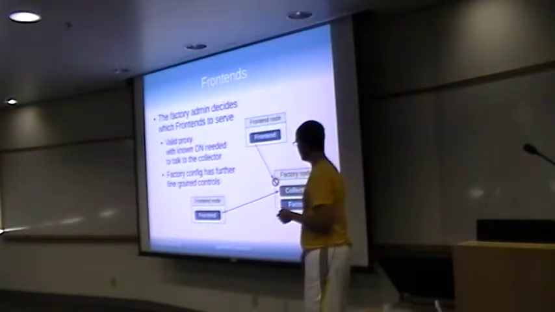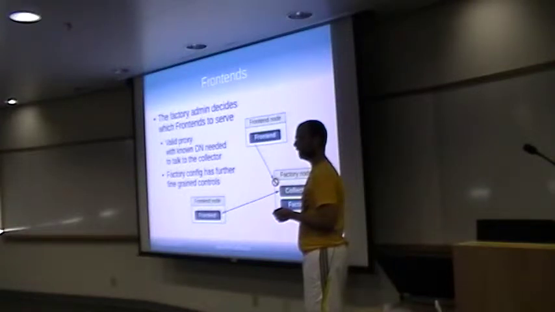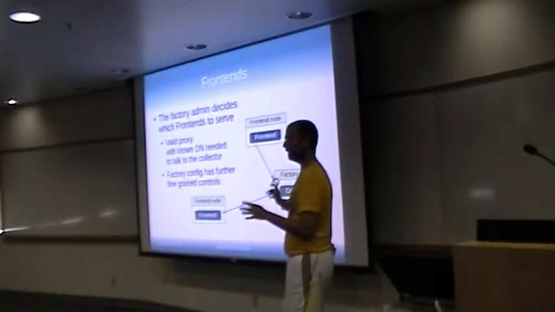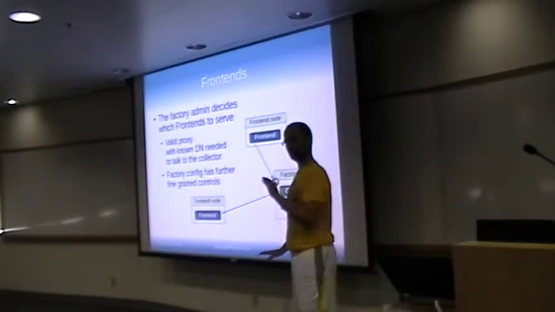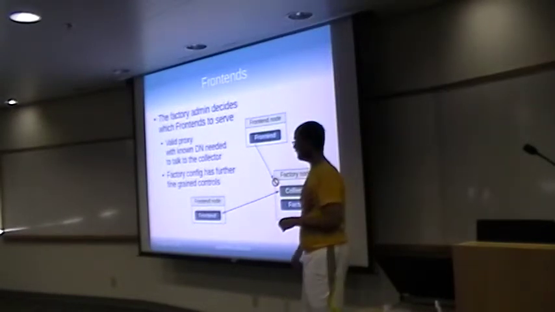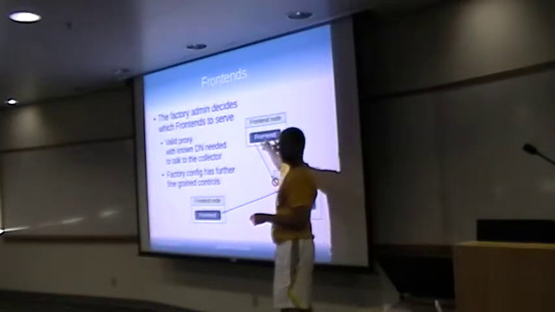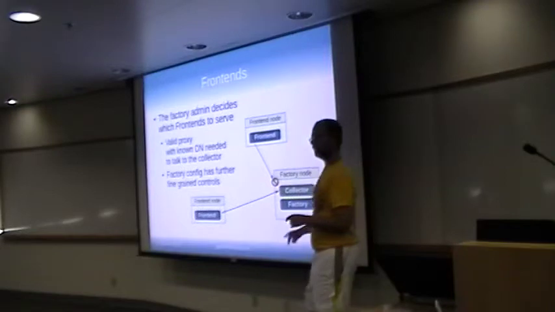There are some more fine-grained controls that the factory can apply, so that if we have a malfunctioning front end that did something weird for a single site, we can blacklist it for that single site, but that's way too much detail for what you care about. Just so you know, it's there. But really, you will have to have a proxy in the front end in order to talk to the factory, or the collector will turn you away at the door.